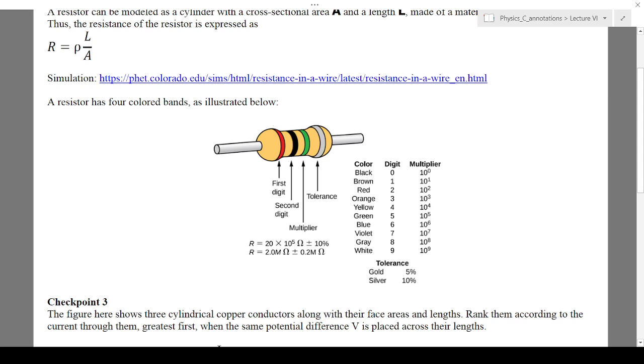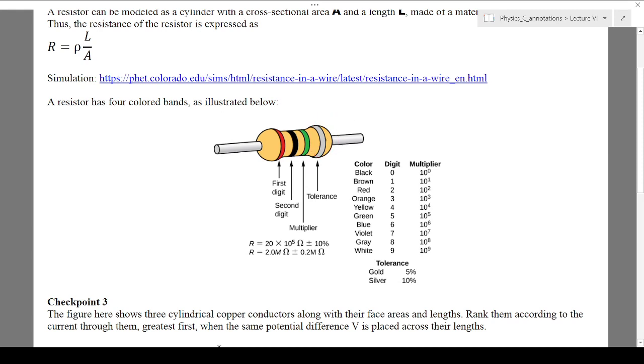The first band is the first digit, the second band is the second digit, the third band means the multiplier, and the last one means the tolerance.